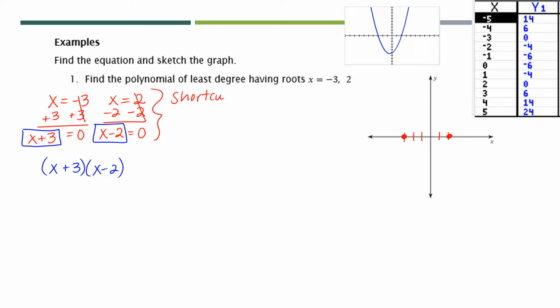The shortcut would be to just flip the signs. So if you know that your x is negative 3, when you put it into parentheses, it should be positive 3. And then positive 2, you would flip and change to negative 2. So the shortcut is to flip the signs. But the work that I just did right here, where I'm putting a red star, that is why you flip the signs. There's a reason, it's not just kind of random.